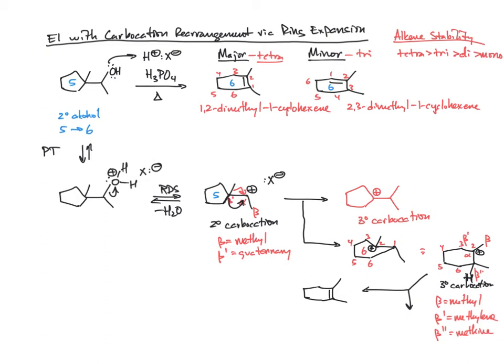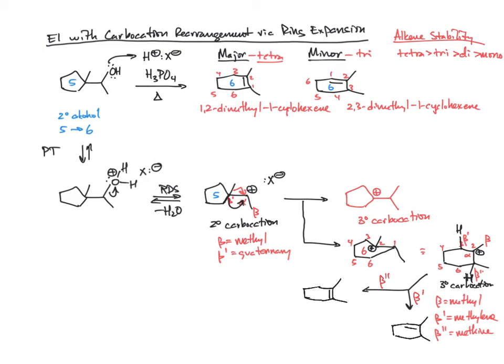That's the proton transfer to do the elimination. So we'll put this route going from beta double prime, this route going from beta prime. So when that happens, one of these hydrogens is eliminated. So now we end up with a tri-substituted.